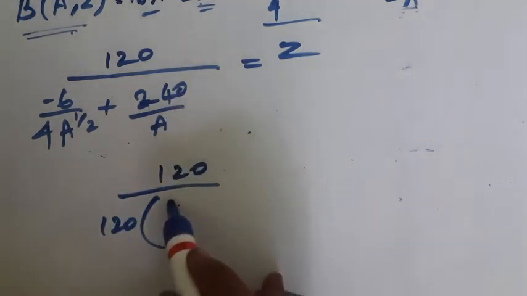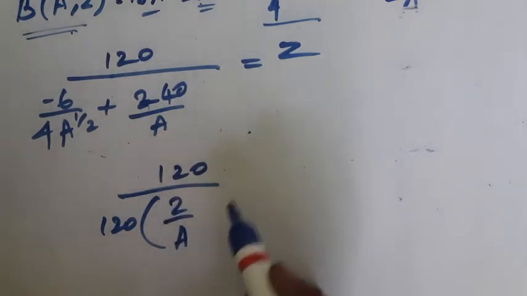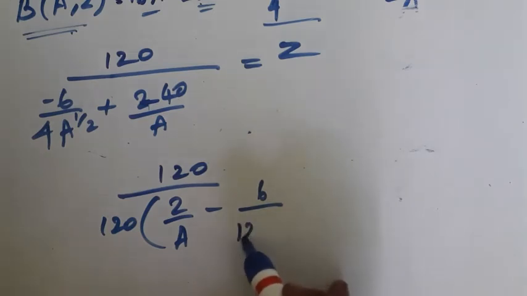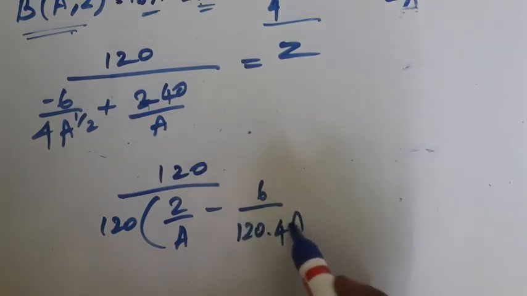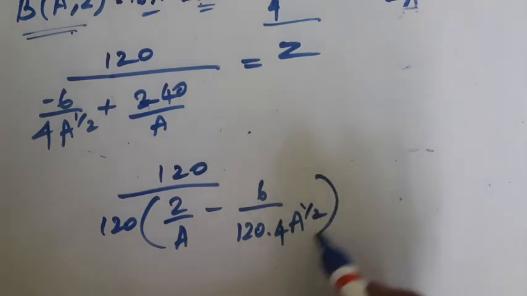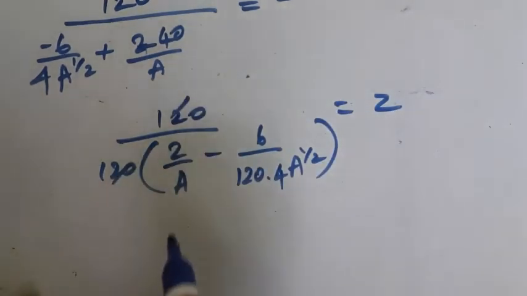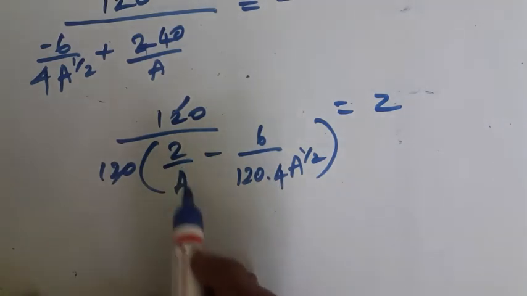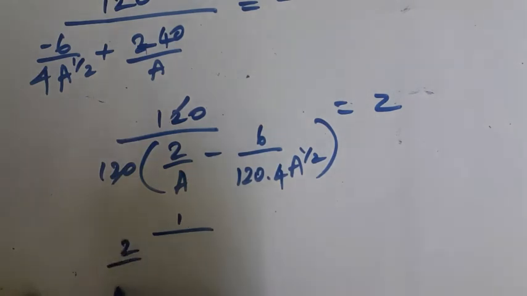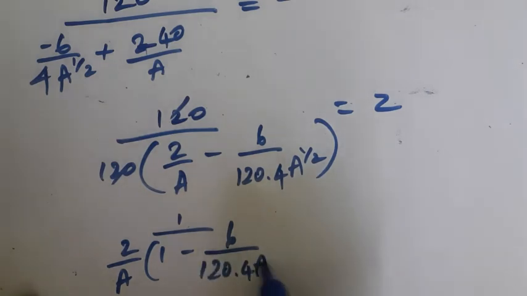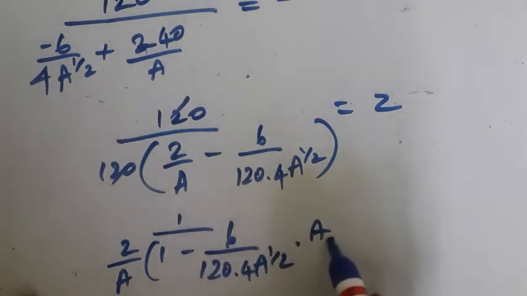So we will have 2 by A minus 6 by 120 into 4 A power 1 by 2 equal to Z. So cancel. Now let me take 2 by A also outside the bracket: 1 minus 6 by 120 into 4 into A by 2.